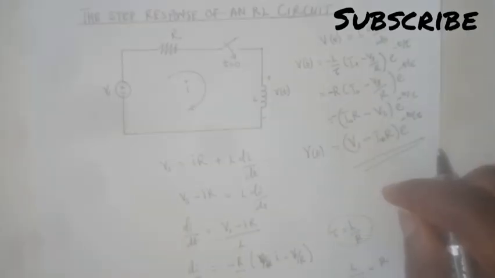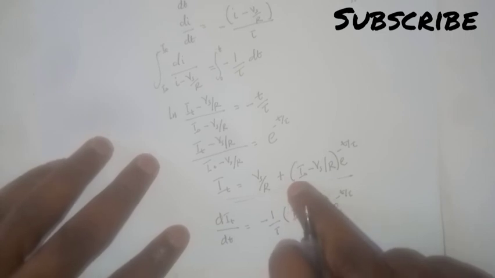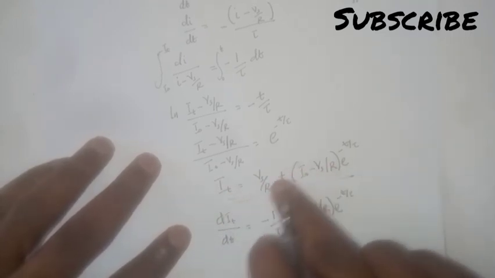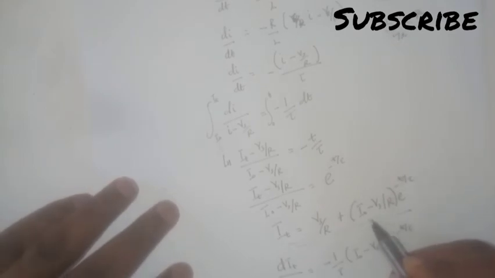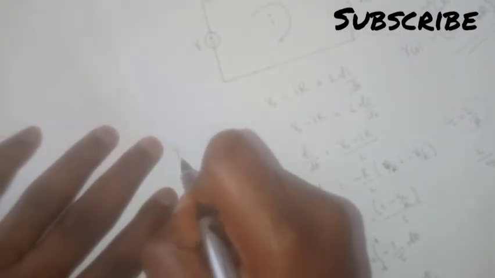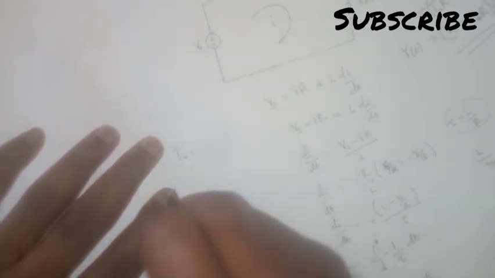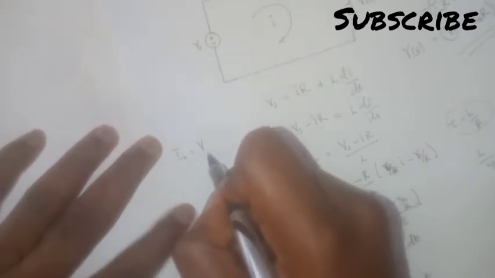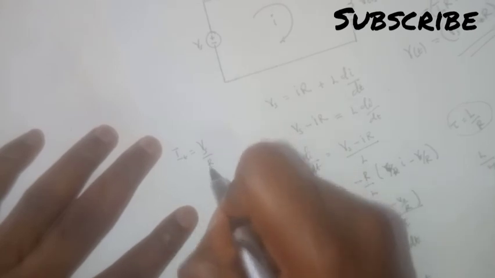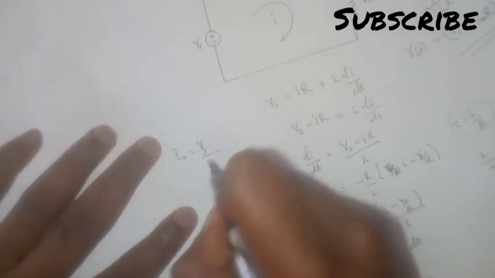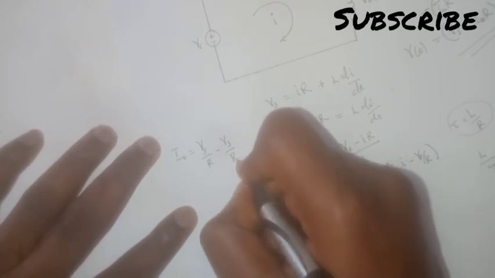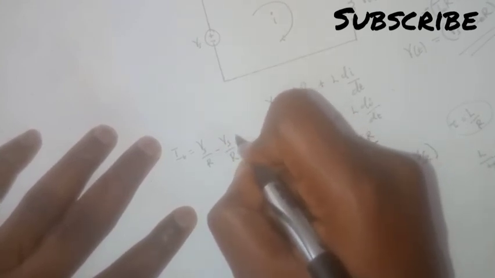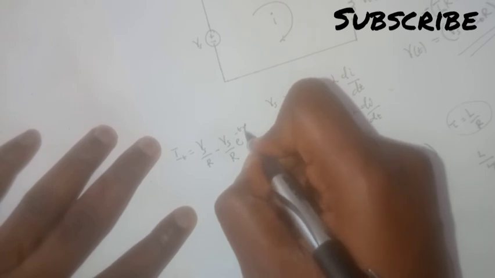I want to draw your attention back to the equation for the current across the inductor at any point in time. If the initial current across the inductor is 0, then I of t would be equal to Vs over R minus Vs over R e raised to power minus t over tau.